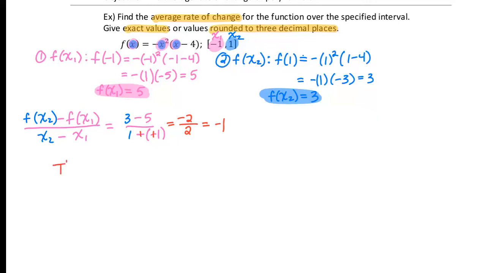The average rate of change between my interval, negative 1, 1, is equal to negative 1. And it's very important for you to tell me the interval because the average rate of change changes between each interval. Each interval is going to have a different rate of change. So in your answer, you need to tell me what the interval was, okay?